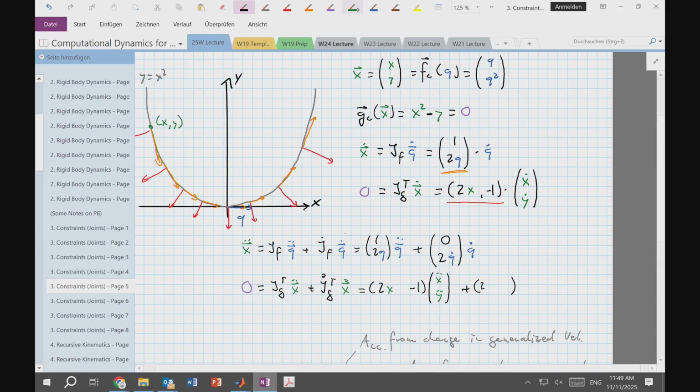Two x dot, right? Time derivative of 2x is 2x dot, and of minus 1 is 0, and that now gets multiplied with our velocities now in x space, x dot and y dot.